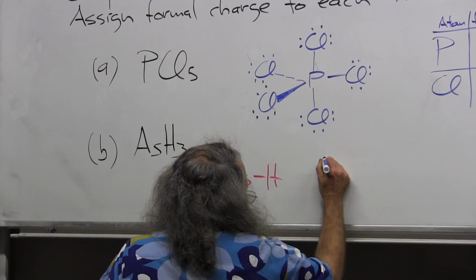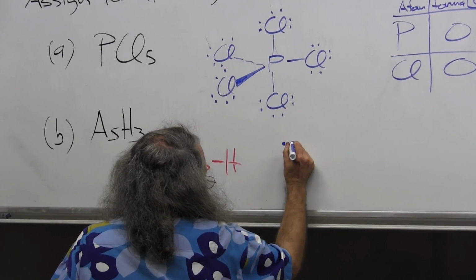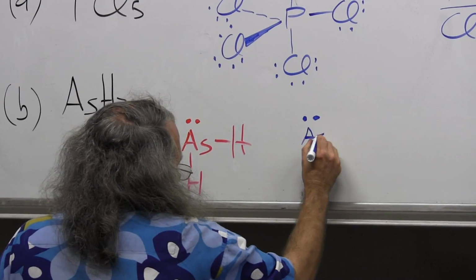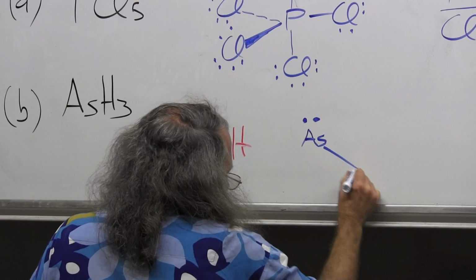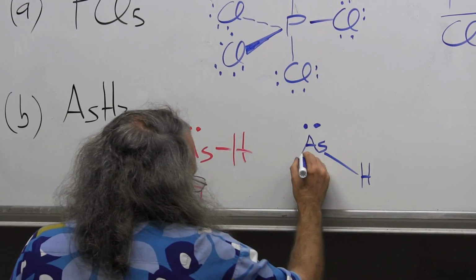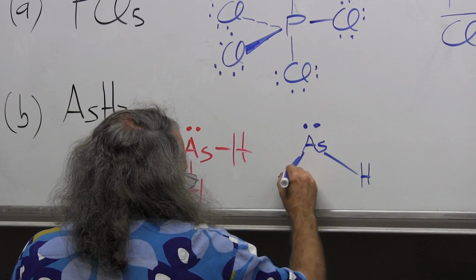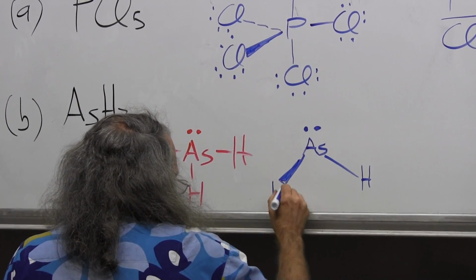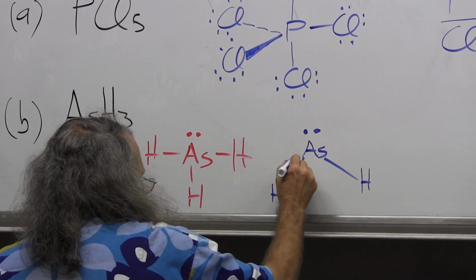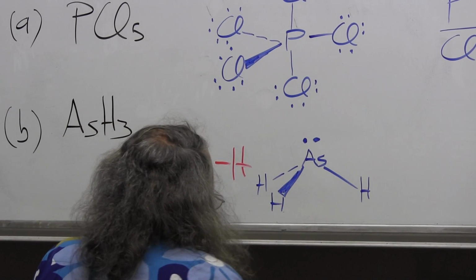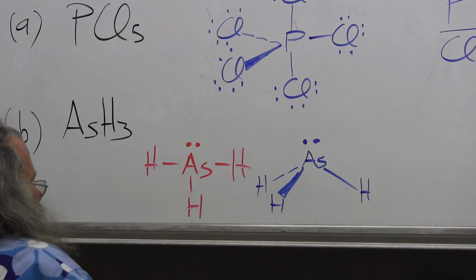I'll take the lone pair and place it above the arsenic. In one of the tetrahedral positions, I'll place a hydrogen. I'll draw the other two hydrogen atoms in the other 2 tetrahedral positions, one coming out of the board and going down, the other going down and going into the board. And I draw that with a dashed line.